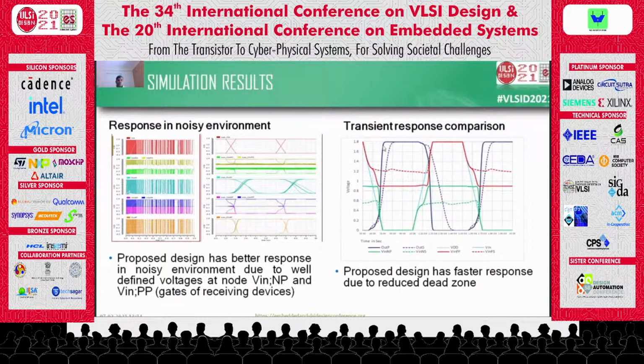You see the solid lines are well defined, whereas in case of dotted lines, the two intermediate nodes are at high impedance, and because of that there are variations in them. And the proposed design is much faster than the existing design because of the reduced dead zone by 1 VT.